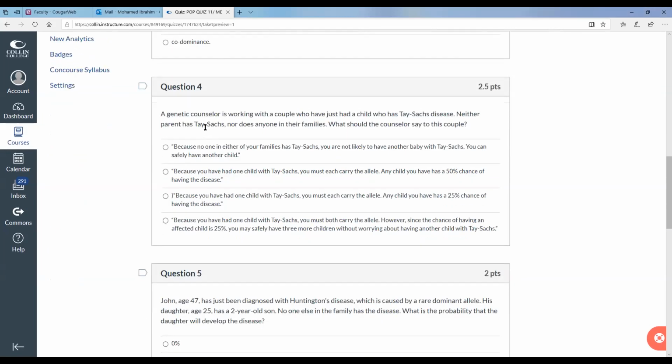And here a genetic counselor is working with a couple who have just had a child, and the child is having a disease, okay? The thing is, the parents don't have the phenotype. They found only that the child has the phenotype. Even their family, nobody showed the phenotype.